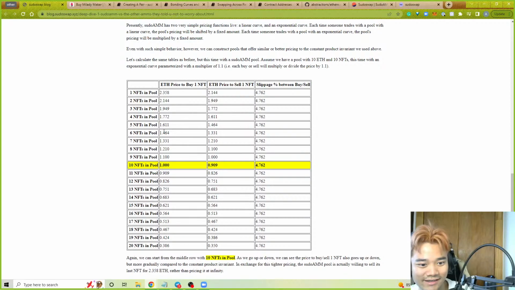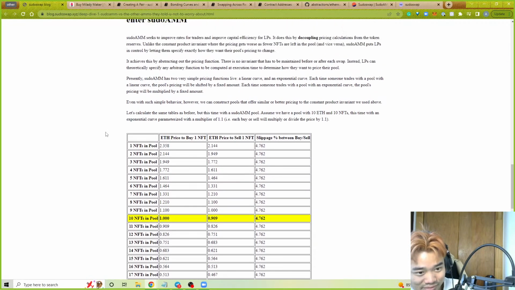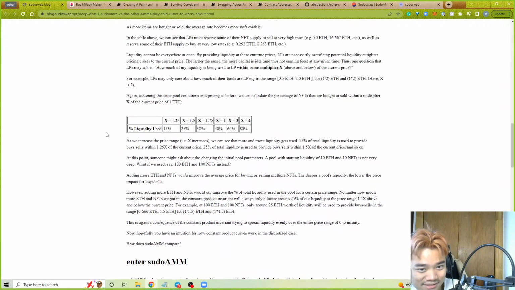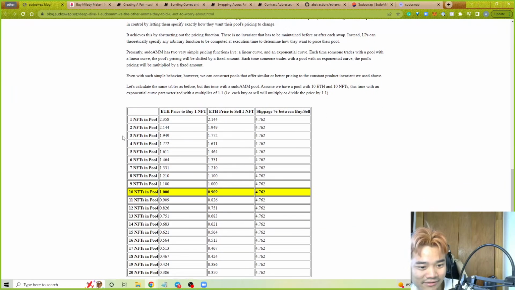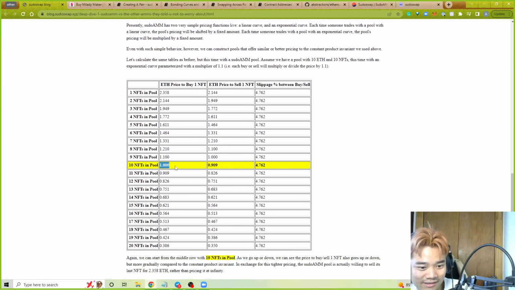Sudoswap basically, all right, so you can put NFTs into a pool, but you get to choose if it's linear or exponential pricing, right? So for each NFT that's bought, it can either move like 10% for each NFT, or you can set it to move by 0.1 ETH for each NFT. So you directly control what the slippage is.